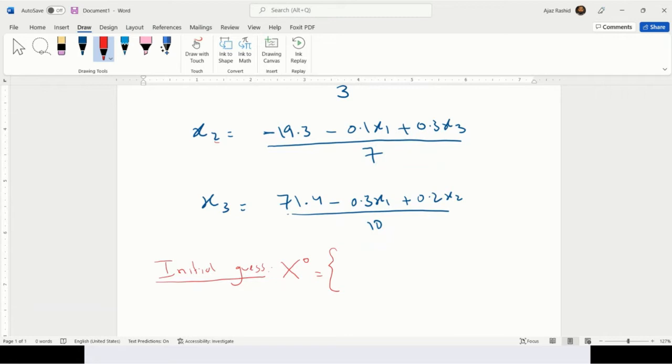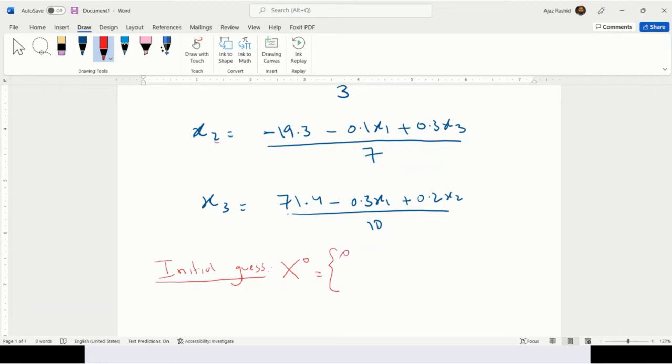I can take any initial guess value that I like, since these are not variables coming from a physical system, so I don't know what sort of initial guess values I need for them. So I take any guess values.